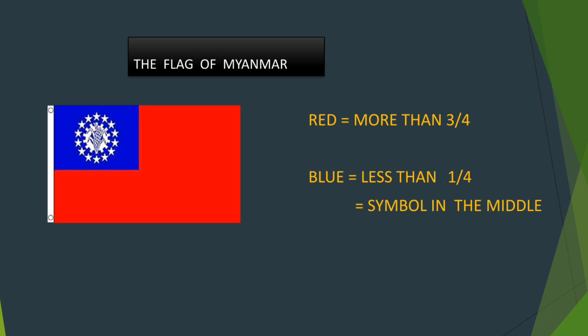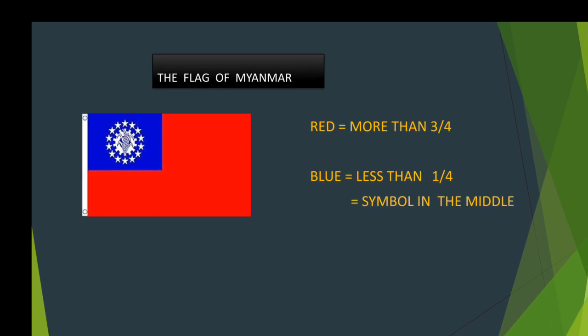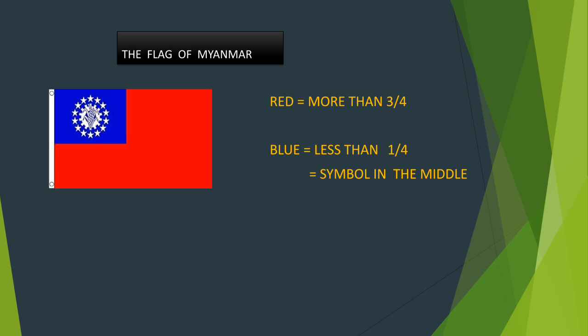And also it has a symbol in the middle. Red is more than 3 quarter, so the blue must be less than 1 by 4. These are the examples of parts and wholes.